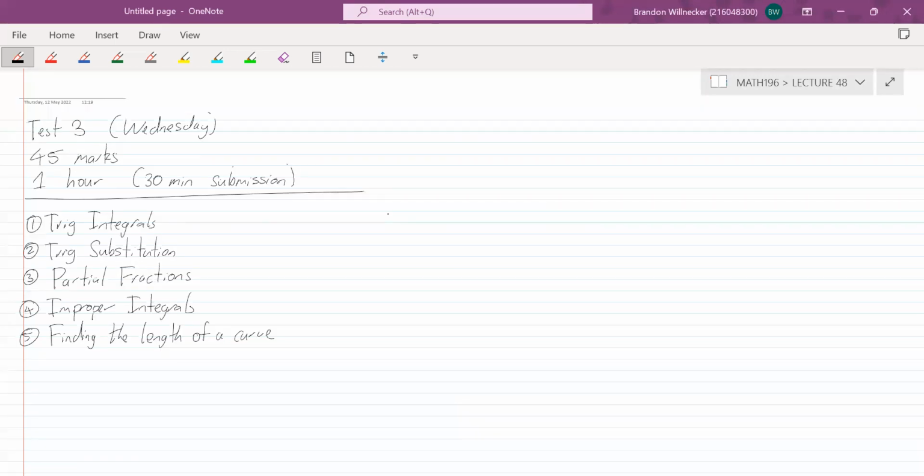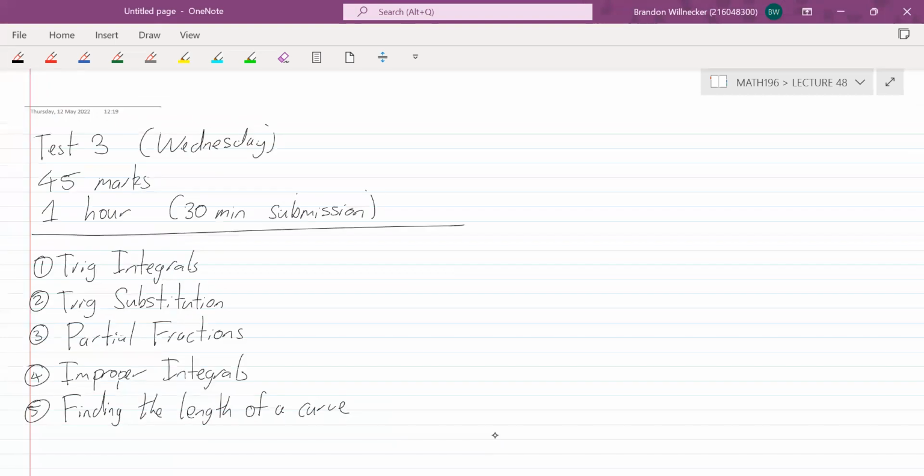Is there anything here that's bothering you still? In that case, for the test revision, I'll just find a couple of questions to go through. If you don't have anything specific, I'll just find a few things.